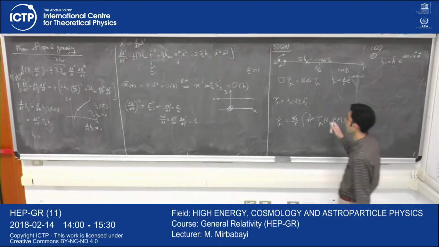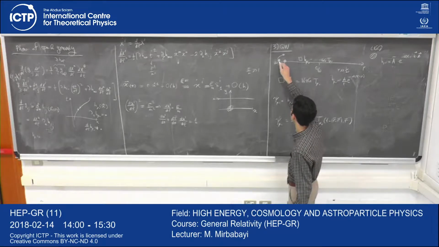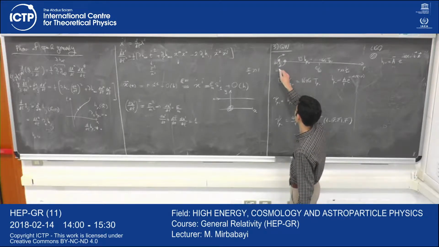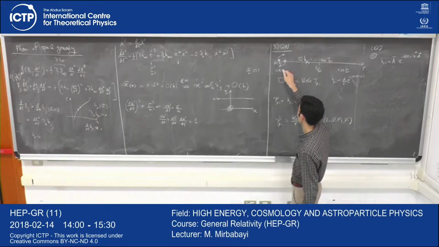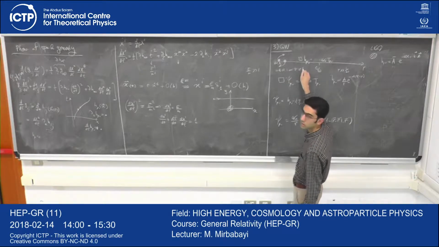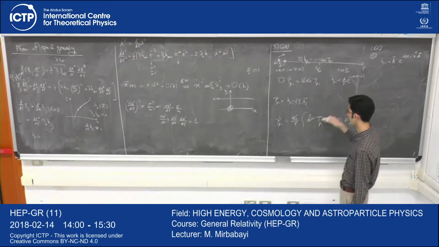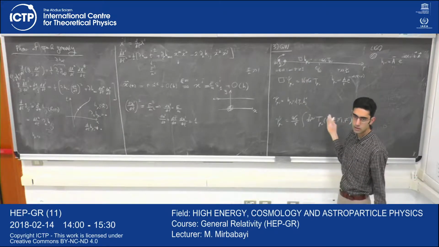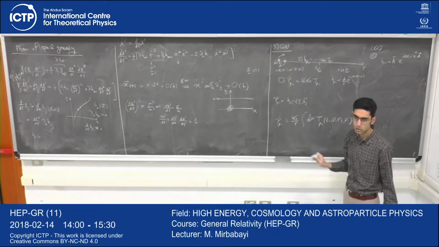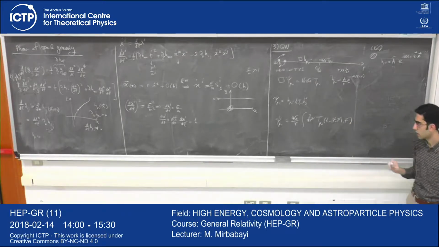And if you are in the non-relativistic regime, when the size of the system, or omega times r, where r is the size of the system, is much less than 1, or equivalently, the velocities are much less than 1, then we can do a multipole expansion. The leading term in this expansion is going to be the quadrupole term. And then we get the quadrupole formula.